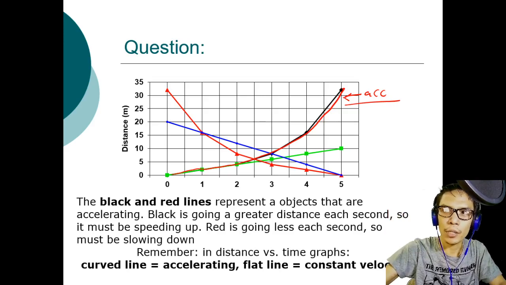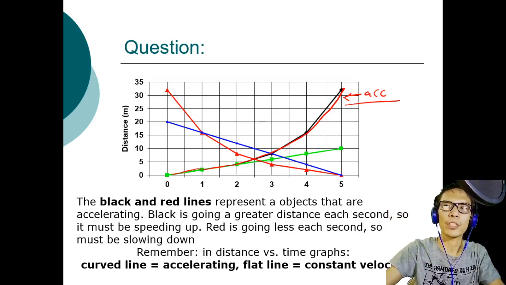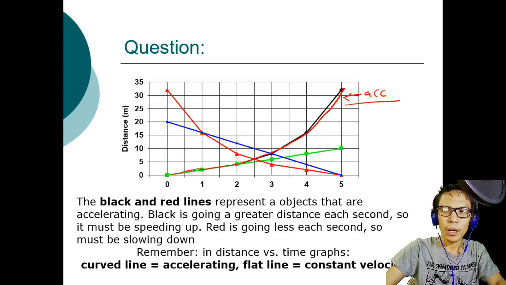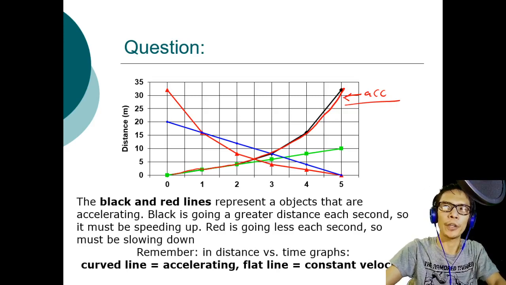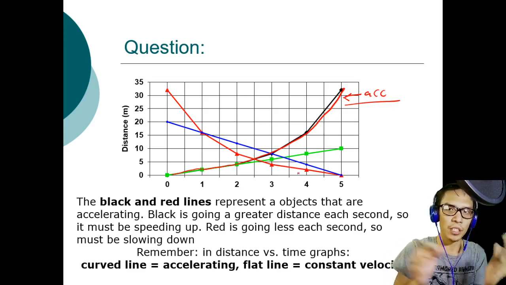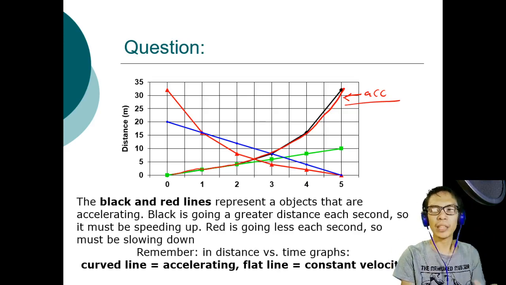But the red line is somehow decelerating. Even though it is decelerating, the curved slope that you have right here tells us that even though the object is slowing down, it is still accelerating, but in a different direction.